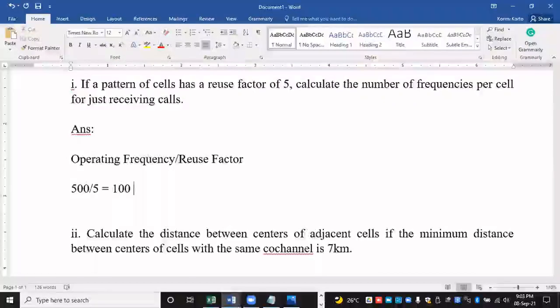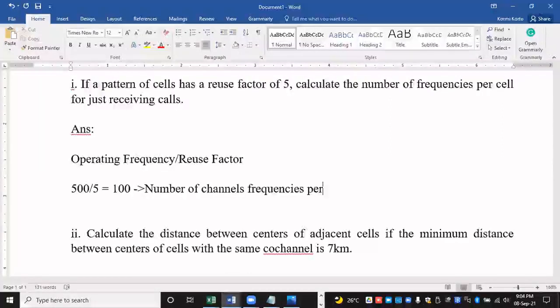So this represents the number of channel frequencies per cell for duplex, since every call has a duplex transmission, which is transmitting and receiving.